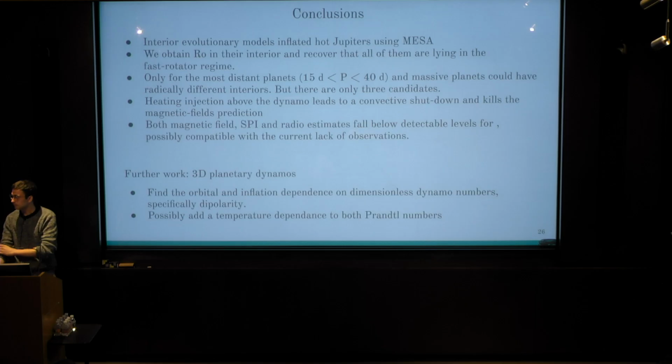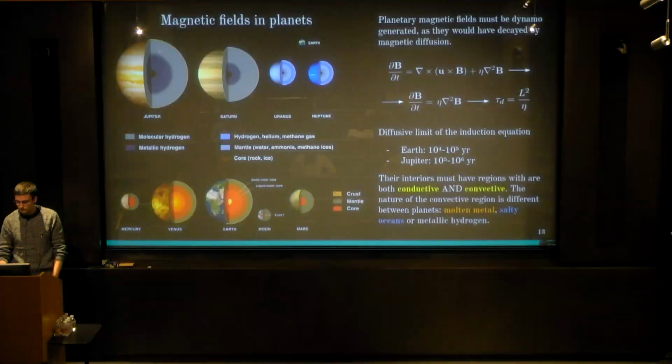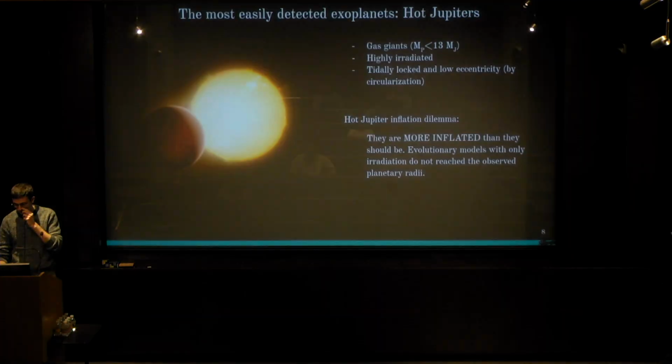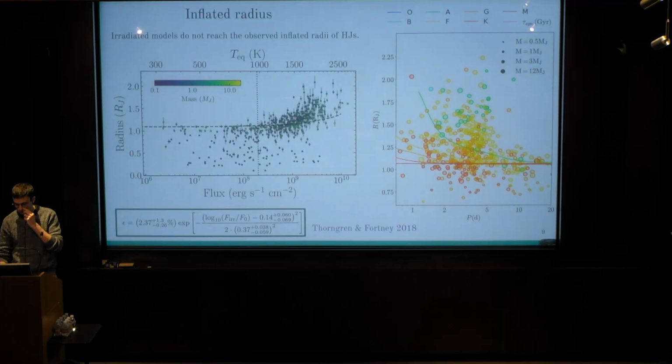I was wondering, you mentioned this epsilon, this distribution in FIR that looked like a log normal. Can you clarify where exactly that comes from? Yeah, this is a study from 2018, a statistical study where they took all the hot Jupiters and with similar 1D models applied different functionals for this epsilon in terms of the flux they receive.